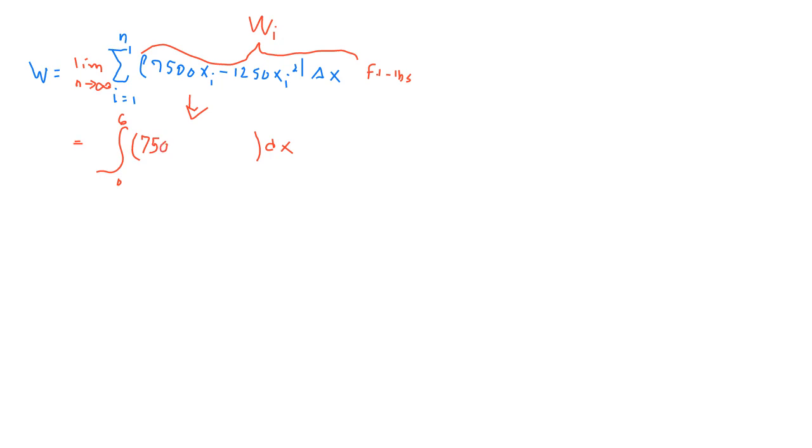Yep, 7,500 x minus 1250 x squared. Okay, does that help you feel a little more comfortable, Nathan? Yep. Okay, good. This is what section 6.6 is about. They're basically taking Riemann sums for the work, and then they turn into integrals in the limit.